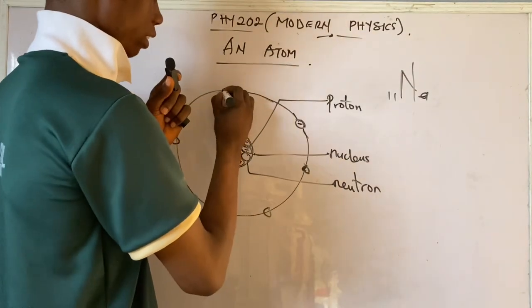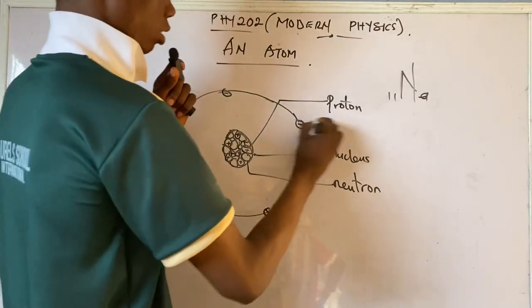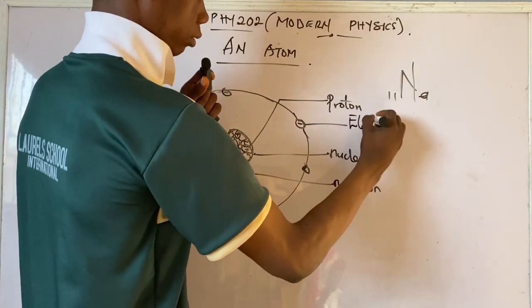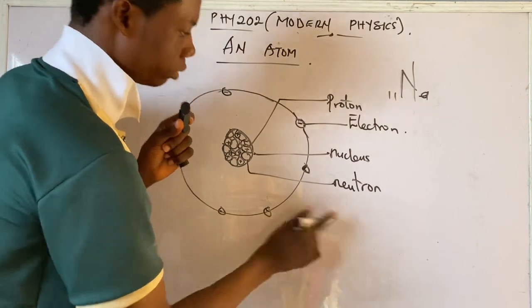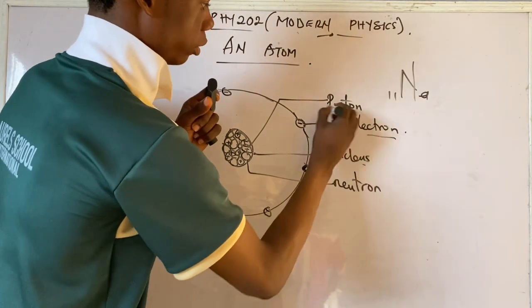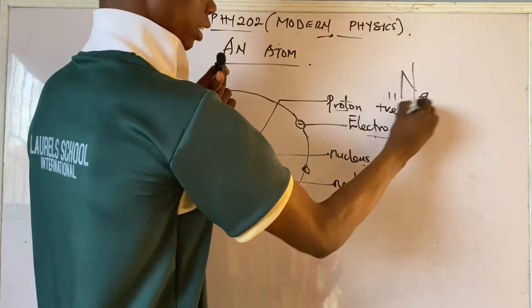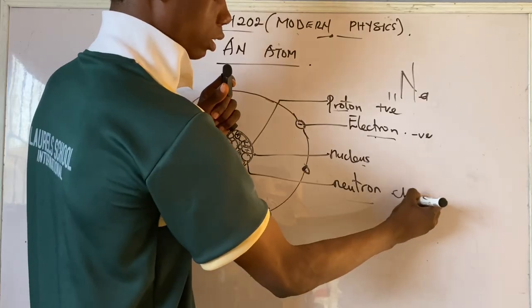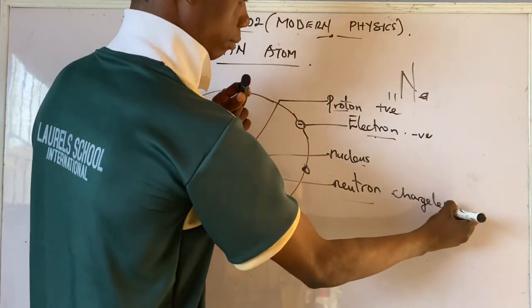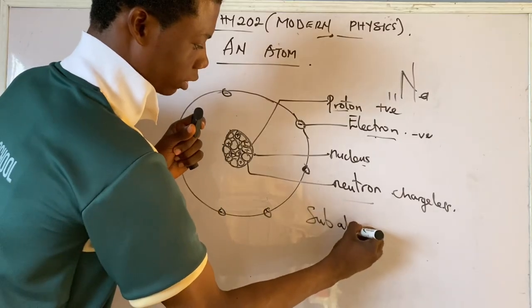So you see the protons, neutrons, and electrons. The proton is positively charged, the electron is negatively charged, and the neutron is chargeless. The three constitute the subatomic particles.